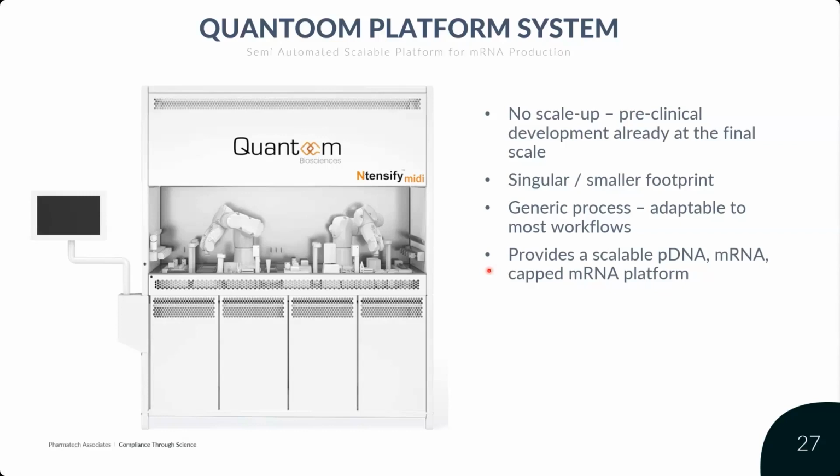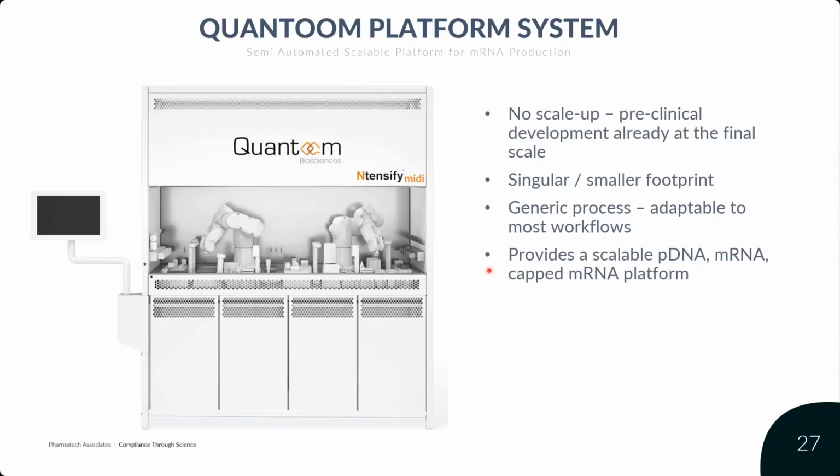So anything that's currently looking at mRNA production stands to benefit from a system like this, because you can offer consistency from the preclinical stage all the way to potentially the commercialization stage.